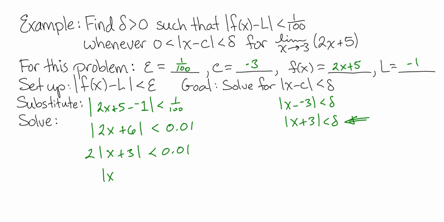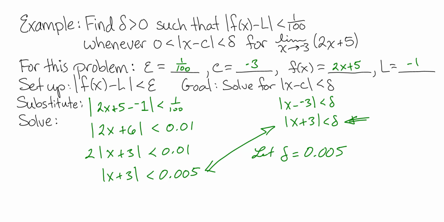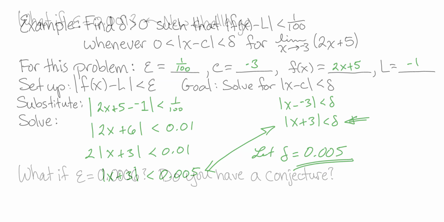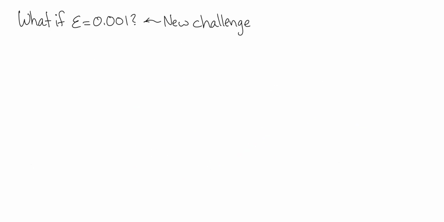If we divide both sides by 2, we get the absolute value of x plus 3 is less than 0.005. Now this inequality matches the one we're looking for, so we can let delta equal 0.005. For any x value that's closer than 0.005 to -3, the y value will be closer than 1/100th to -1.